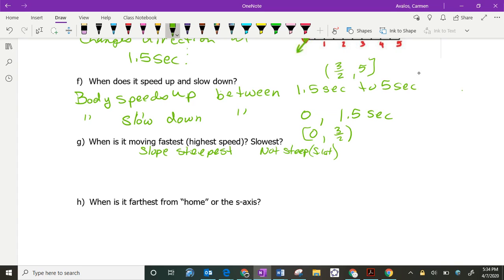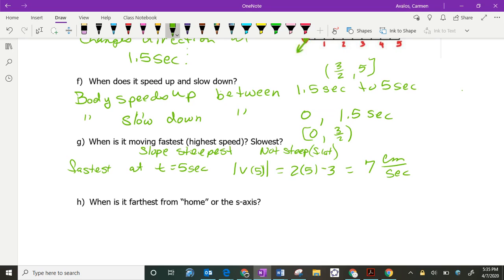So it is going the fastest at t equals 5 seconds. And if we actually calculated, we would do the absolute value of the velocity at 5, because we want that to be there. And then if I put that into v equals 2 times 5 minus 3, that's going to give us 7 centimeters per second.